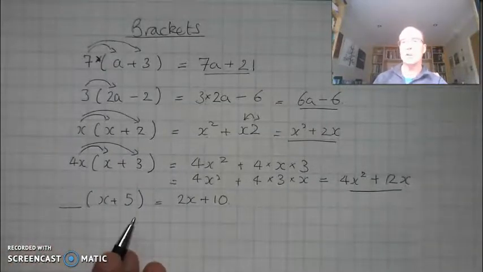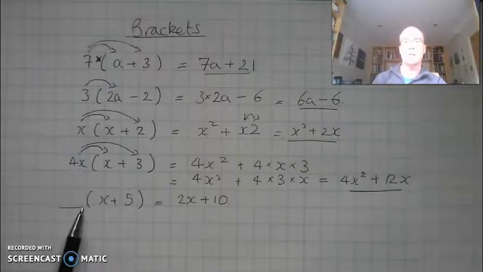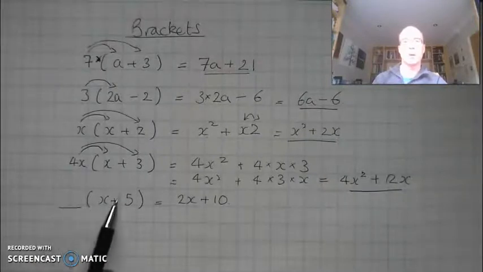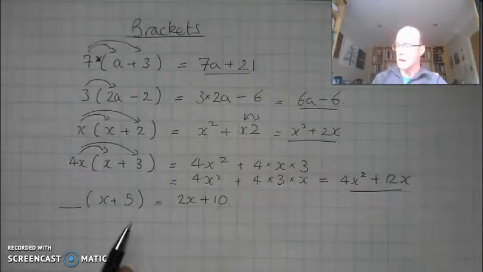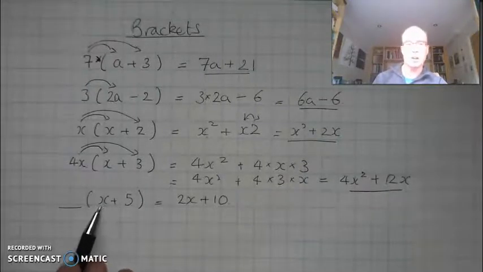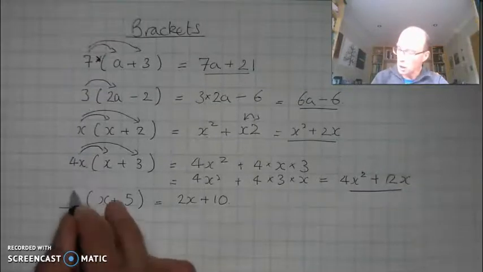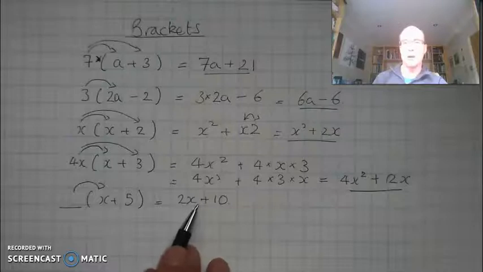The last one's a little bit different. This time we've got our bracket, but we don't know what we've got outside it. So we need to work out what this thing is that I'm going to multiply x plus 5 by to get 2x plus 10. The easiest thing to do is going to be to look at the x's. So I've got something times my x is going to be equal to 2x.